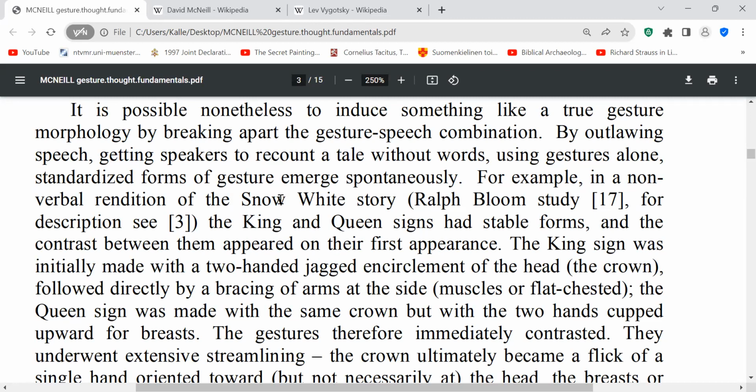For example, in a non-verbal rendition of the Snow White story, the king and queen signs had stable forms, and the contrast between them appeared on their first appearance.